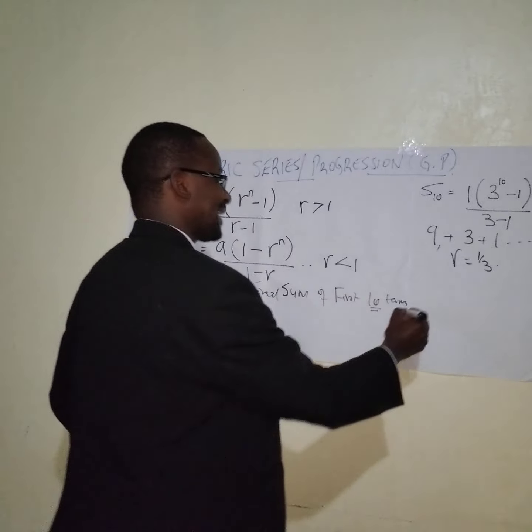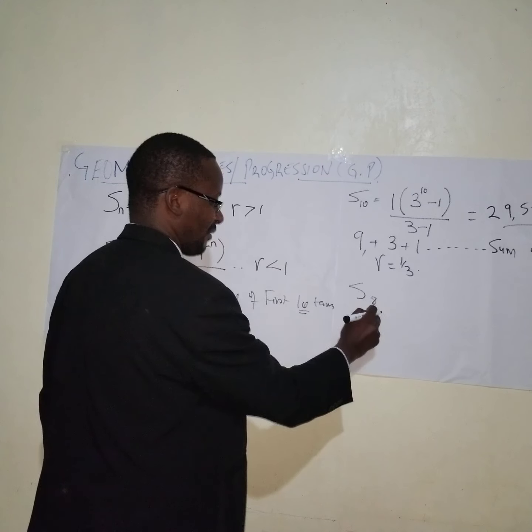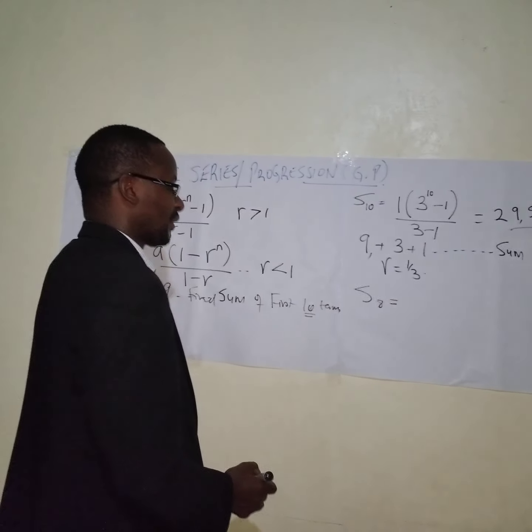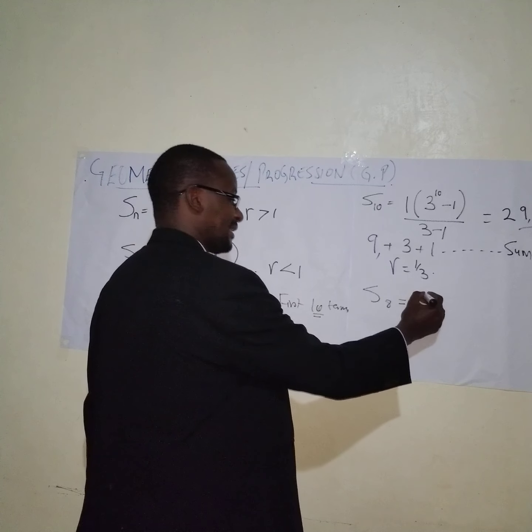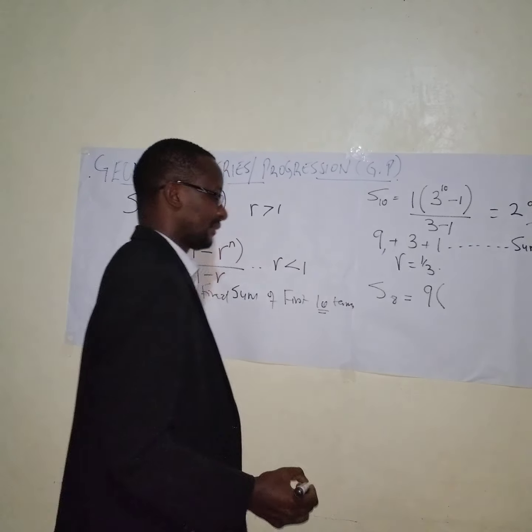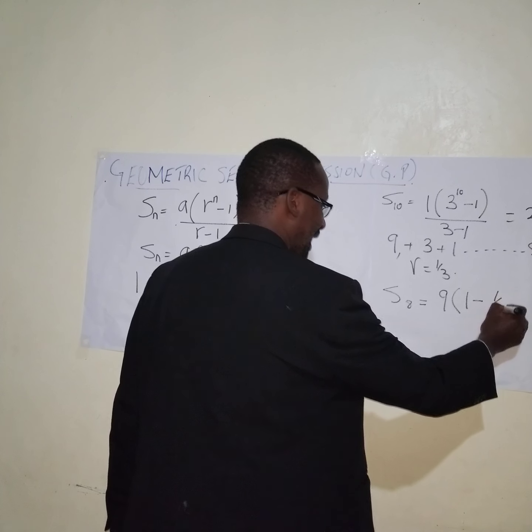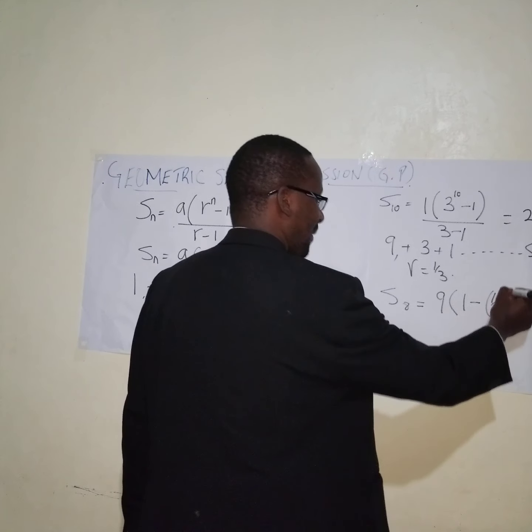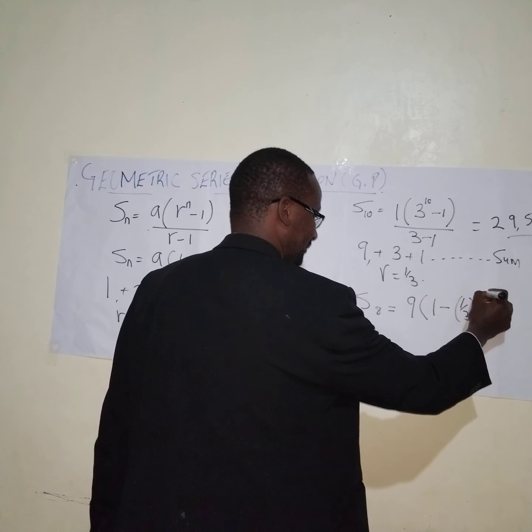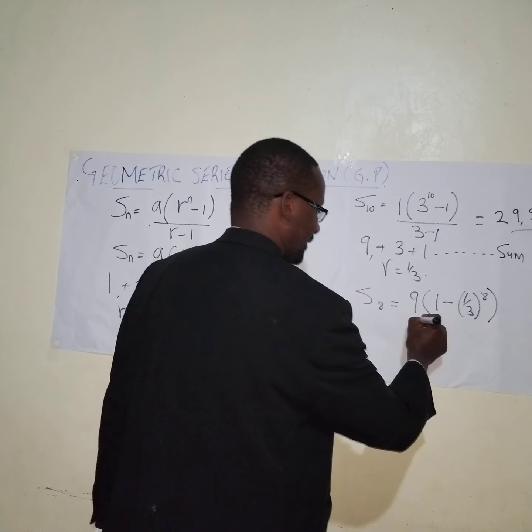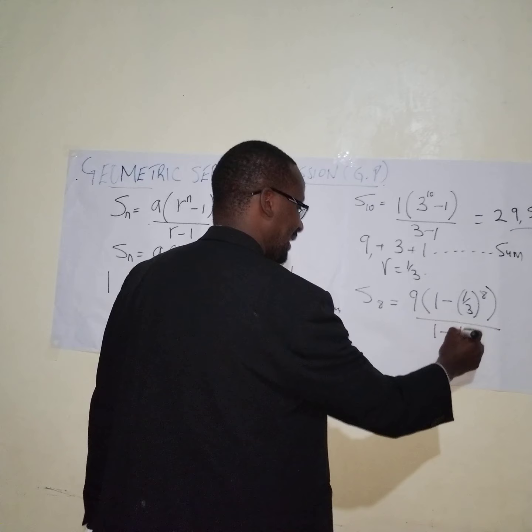So we want to get S8, the sum of the first 8 terms. So our a is 9 in the formula. Then we do 1 minus a third, please put brackets, power 8, then 1 minus a third.